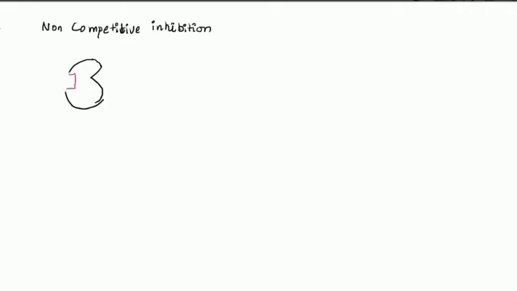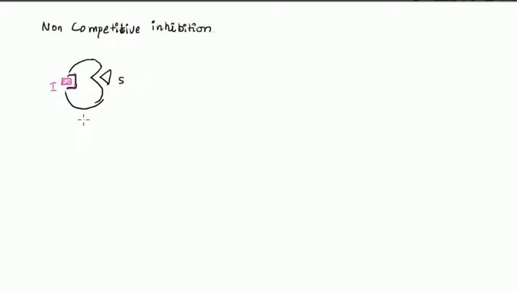So if the substrate is binding over here, the inhibitor has a different binding site, which is also called the allosteric site. The inhibitor would bind over here, and this is the substrate.